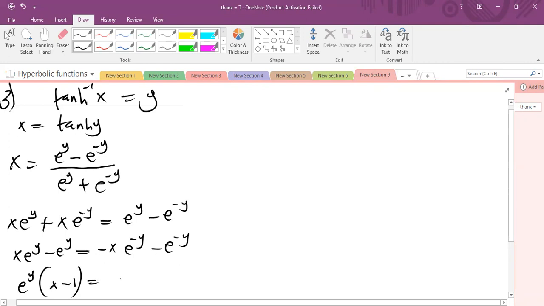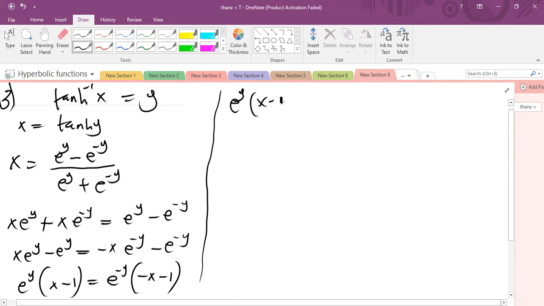And then on this other side, factoring out exponential minus y, I will have minus x minus 1. Okay, I can rewrite this like this. I have exponential y into x minus 1 is equal to 1 over exponential y times minus x minus 1.